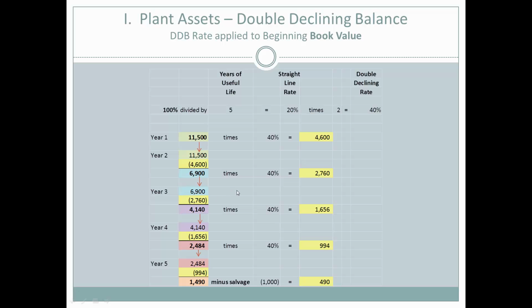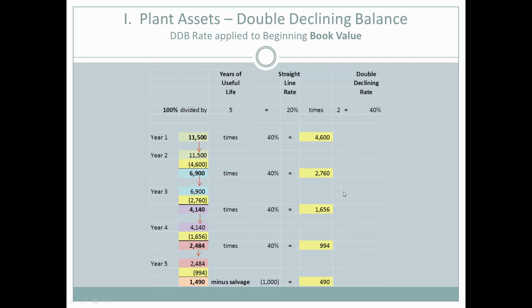But if you were, and when we see it on the next slide, I'll show you how it yields the total accumulated depreciation. But we'll do the calculation like this because it's the easiest way for you to do it. So we're going to take the amount of our depreciation for the year, subtract it from the beginning balance of book value that we had, and then we'll come up with a new beginning book value.